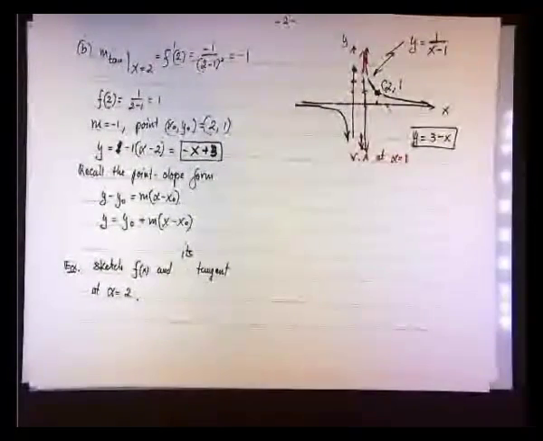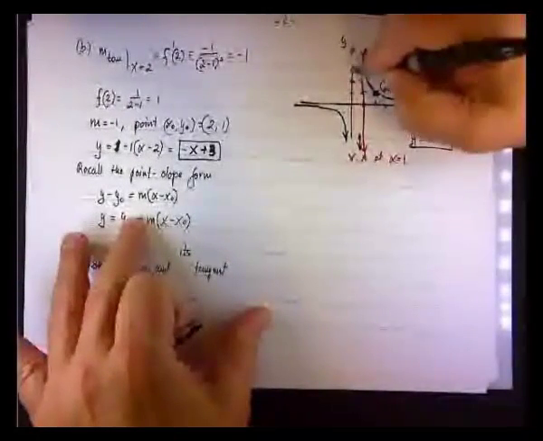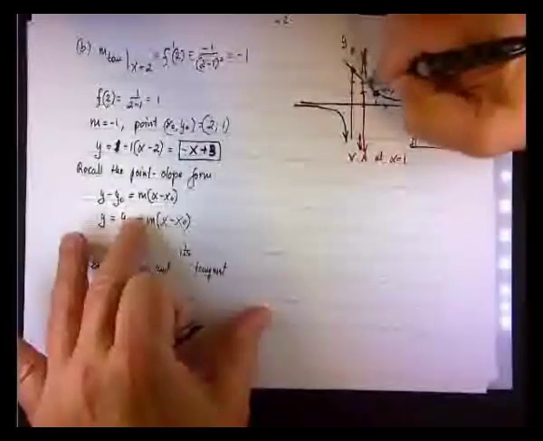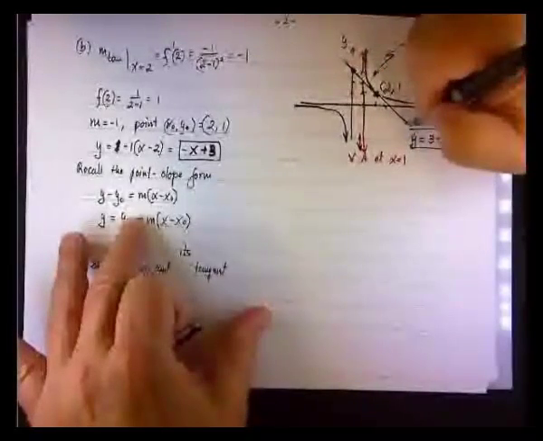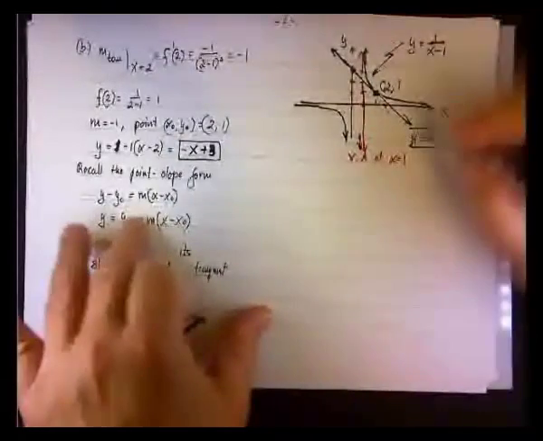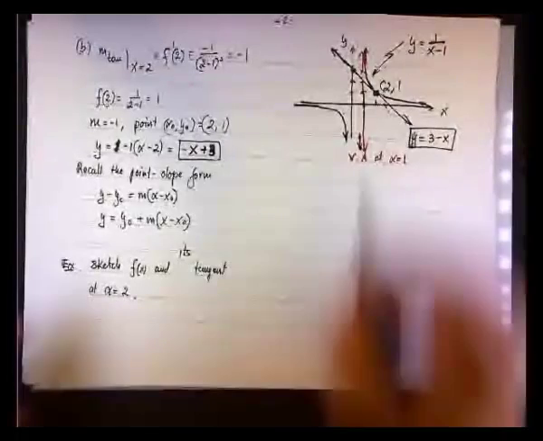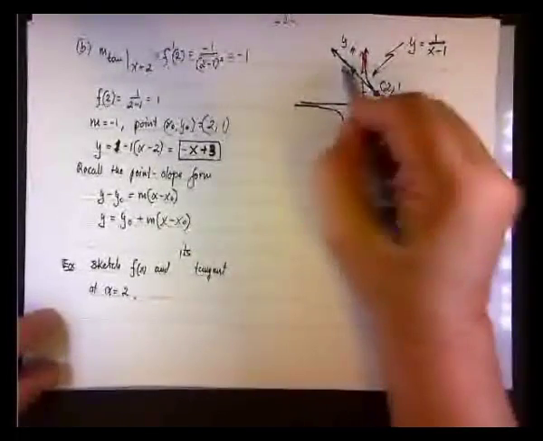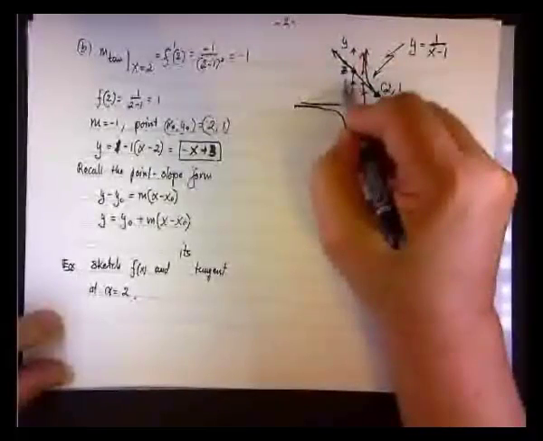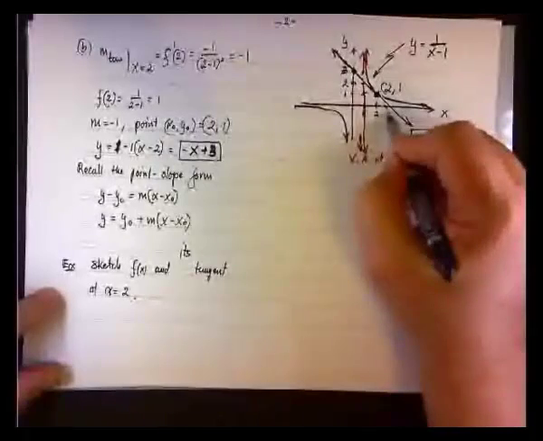Let me correct myself here. The tangent has y-intercept at 3, so this is the equation. This is the line that is the tangent. Okay? So this point is 3.